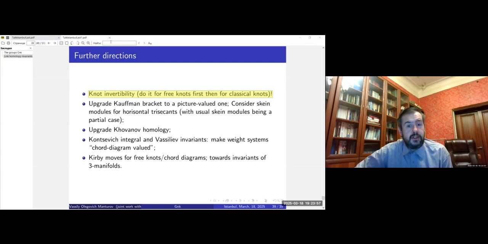Do we say that virtual knots have a greater number of invariants? Of course, much greater. How can we this way get corresponding invariants of knots through homomorphism? Homomorphisms of what? There are lots of virtual knots which are classical. There are lots of invariants which vanish on classical knots.